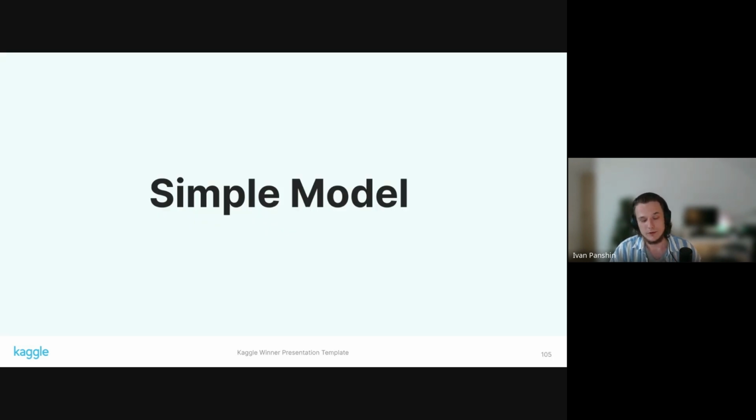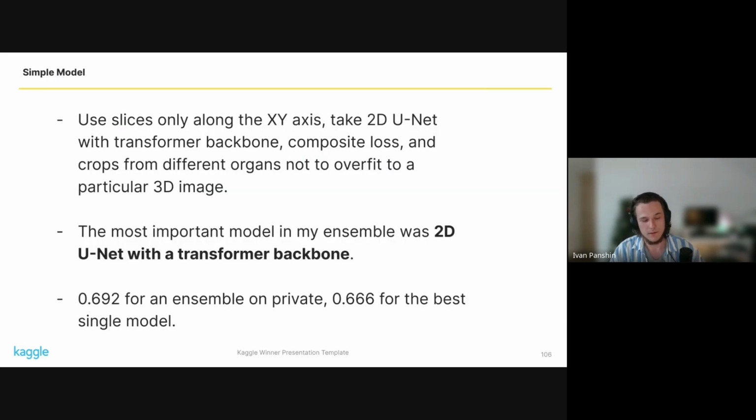Now, simple model. As I mentioned, I had a fairly big ensemble that took, I think, 9 hours to inference on both public and private. And if I had to pick a single model, it would be the following. First, I would use slices only across the XY axis, because those brought the most improvement.